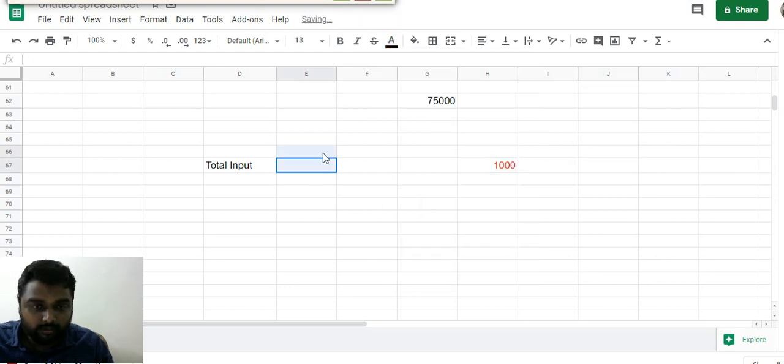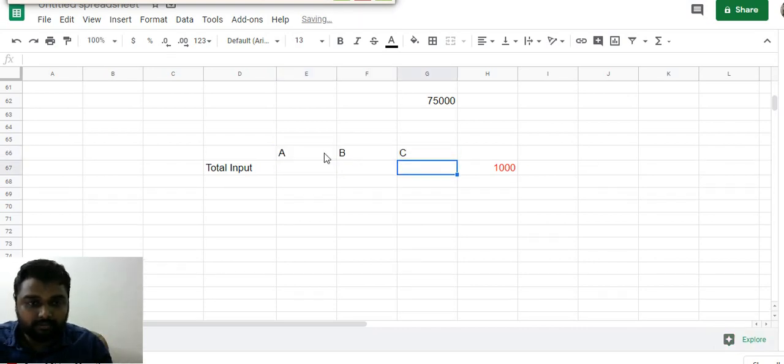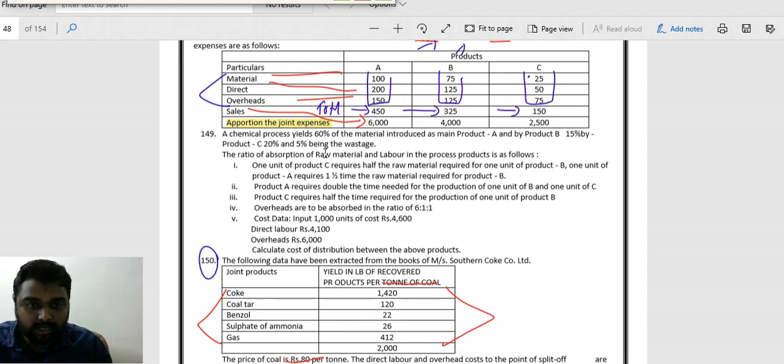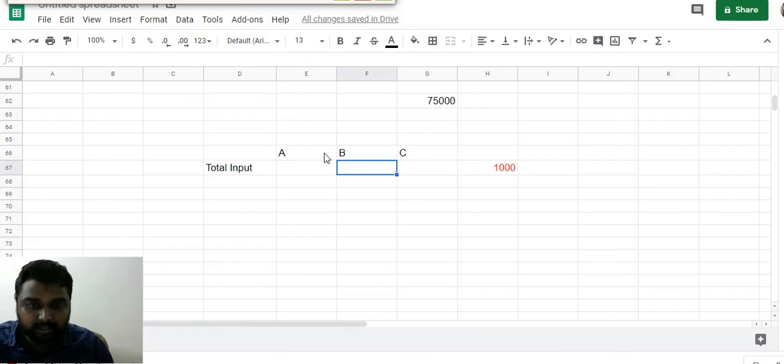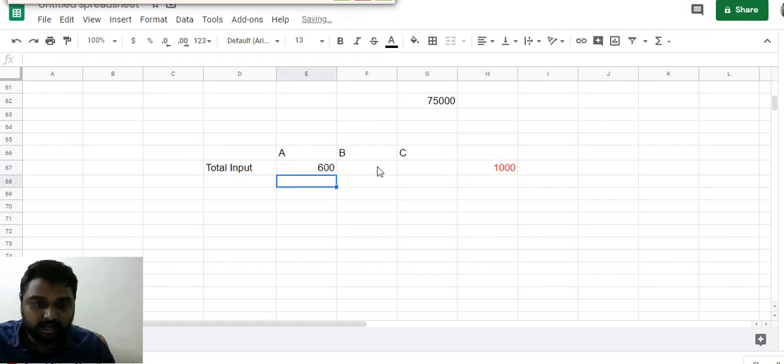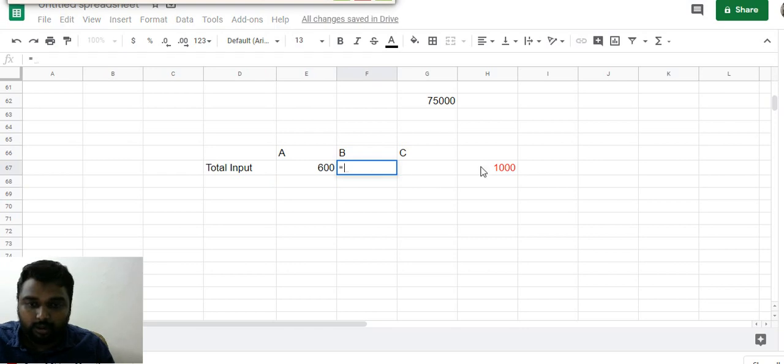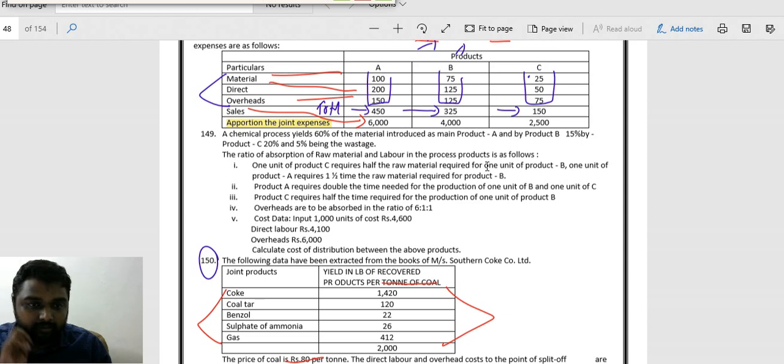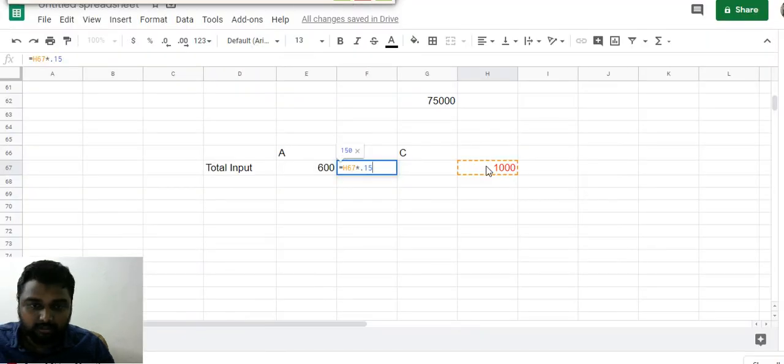We have 3 products A, B, C. What is the percentage of A? 60% is for A, so 1000 into 0.6 is 600 units of A. For B, 15%, and C comes to 20%.